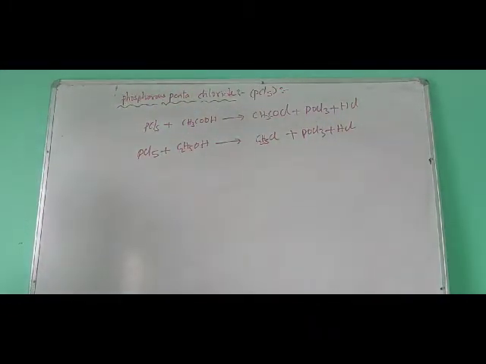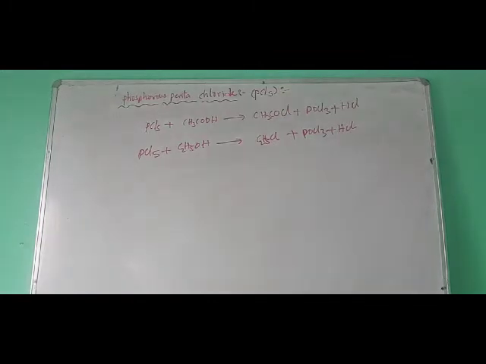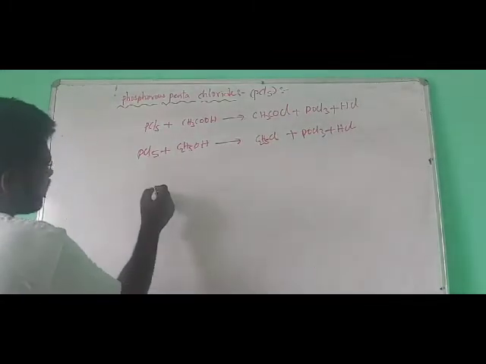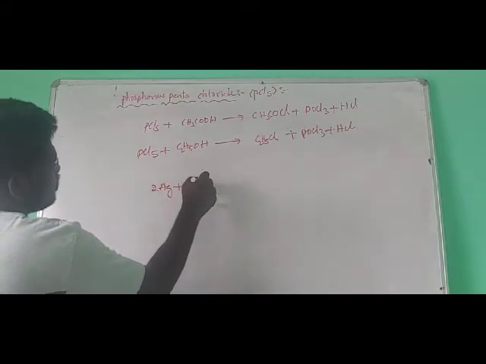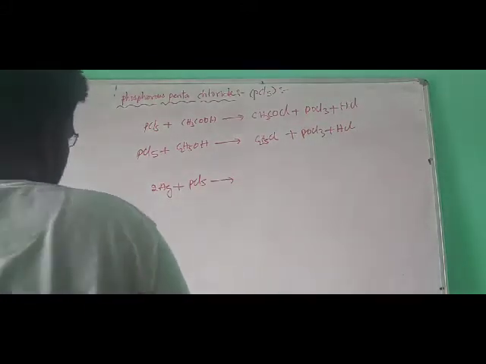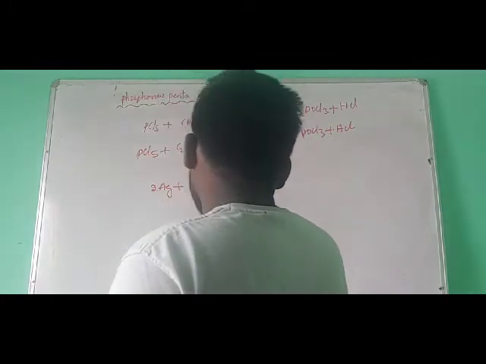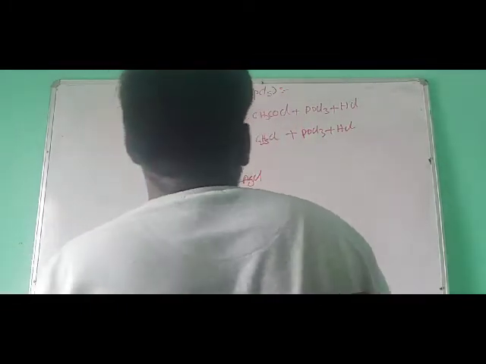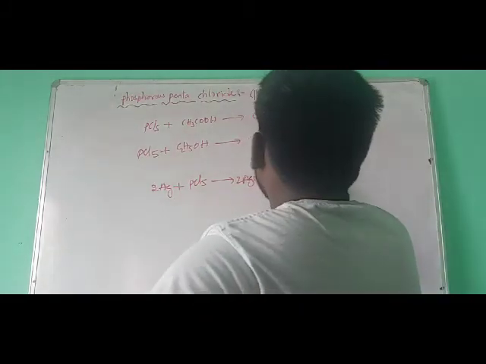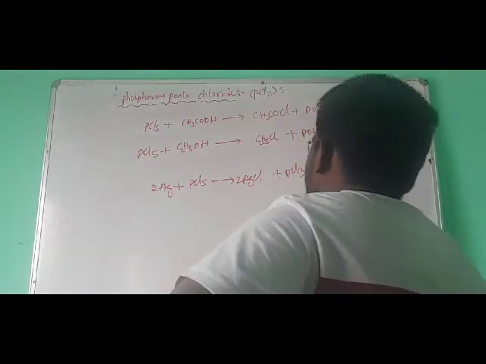Right. And next one, this PCl5 can oxidize metals like silver, and next one tin. When 2 moles of silver is treated with PCl5, Ag undergoes oxidation by giving 2 moles of AgCl salt, silver chloride salt, and the byproduct is PCl3.